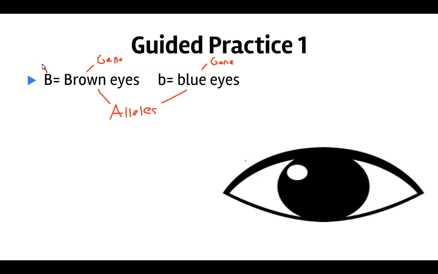We also learned dominant versus recessive, right? And dominant is always written in capital, and recessive is always lowercase. So if we take a look at this example, which we did yesterday, we learned that we always have two alleles for every single trait, right?